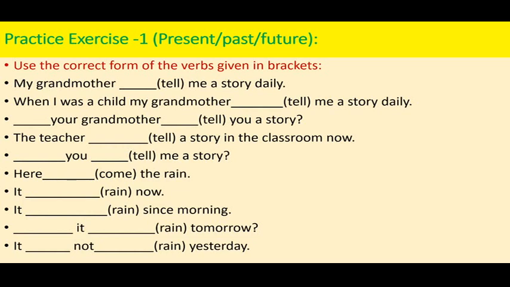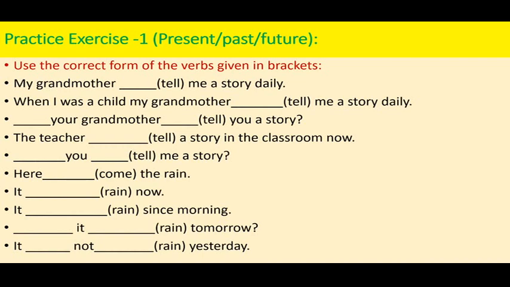Next sentence. It dash now. The verb in the brackets is rain. Next sentence. It dash since morning. Again the verb is rain. Next sentence is dash it dash tomorrow. The verb in the bracket is rain.